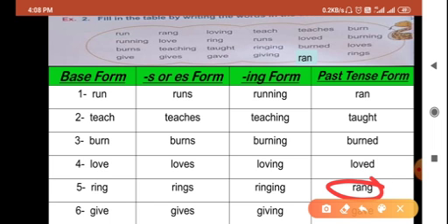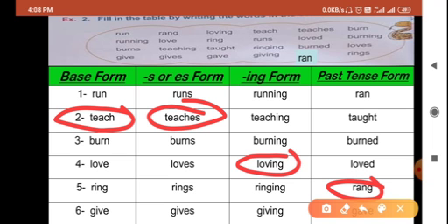Same as loving. Loving, you can clearly guess, is the ing form, so we will write loving below the ing form. Next is teach. Teach is the base form. Teaches, the S or ES form of teach. Burn. Burn is the base form, so we will write it below the base form.